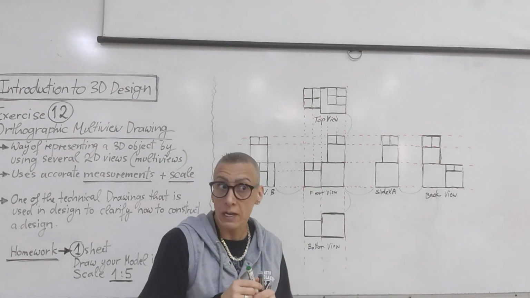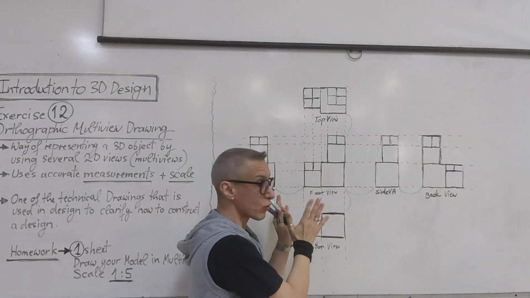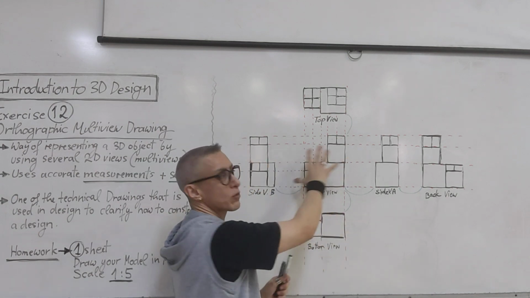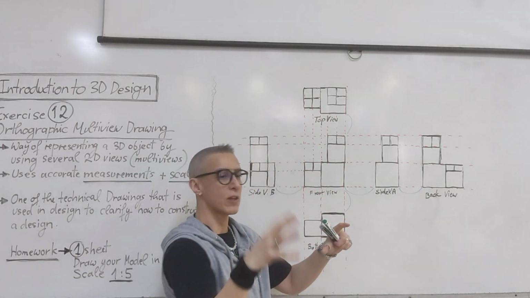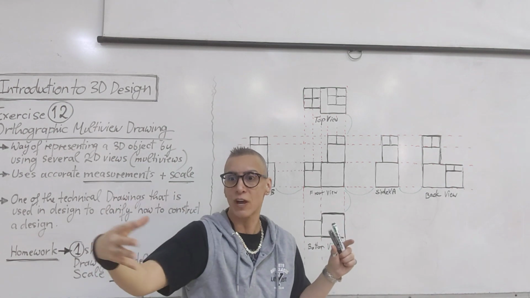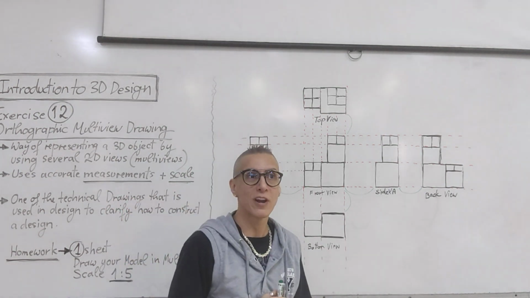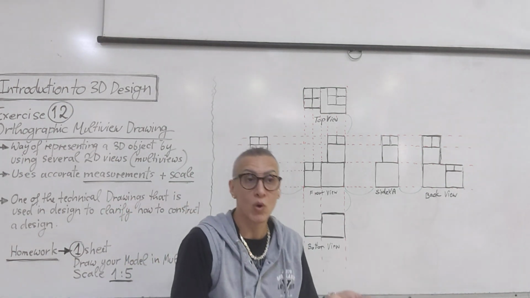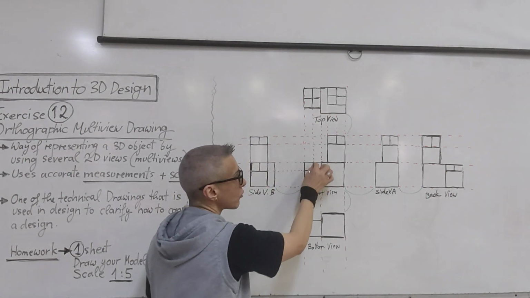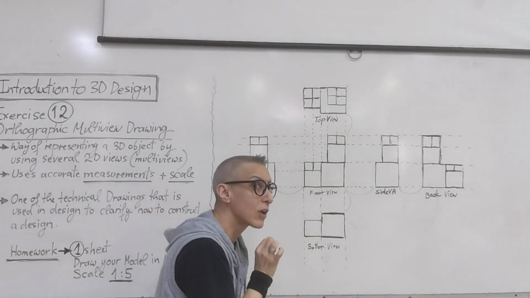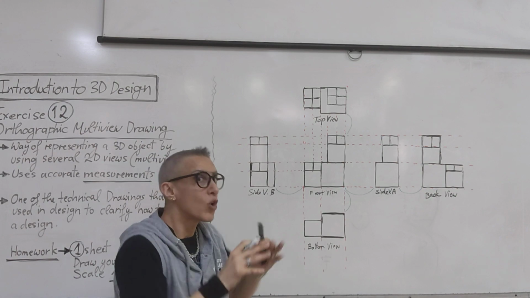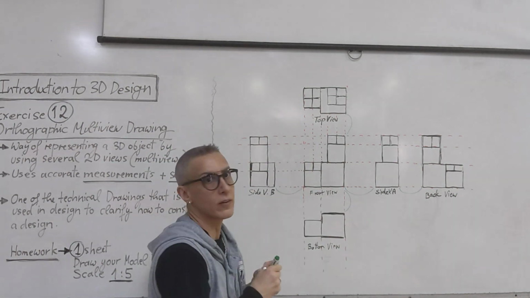To do this correctly, do not start with the front view, put it on the paper, and then draw the views and say, oh my God, I don't have space for the rest of the views. For this not to happen, before you start drawing the details, you need to draw the overall box where the object is located.